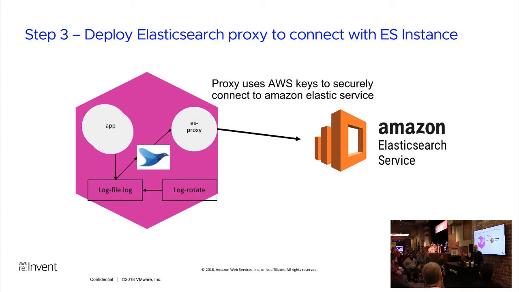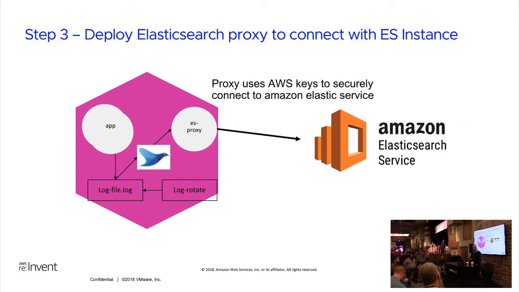But if you're using Amazon's Elasticsearch service, where you really want to aggregate everything, you have to be able to connect to it using those key pairs, and have a secure connection that's up and running, and it's authenticated.